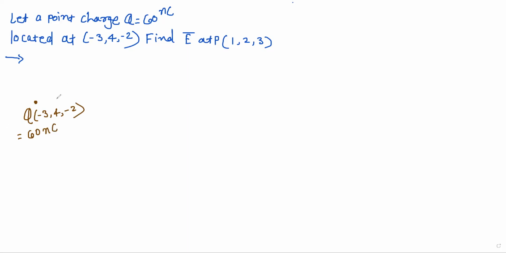Because of Q, there exists an electric field intensity, and they have asked you to find the electric field intensity at point P, where the coordinates of point P are (1, 2, 3), right?